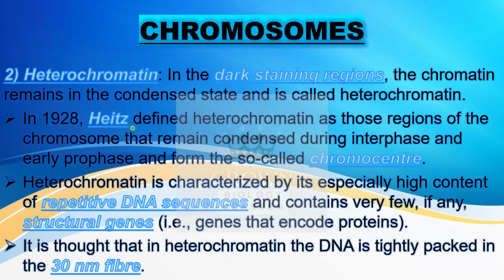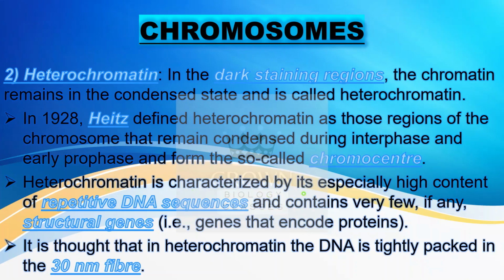In 1928, Heitz defined heterochromatin as those regions of the chromosomes that remain condensed during interphase stage of mitosis and early prophase stage of mitosis, and they form the so-called chromocenter. So those regions that remain condensed form chromocenter.